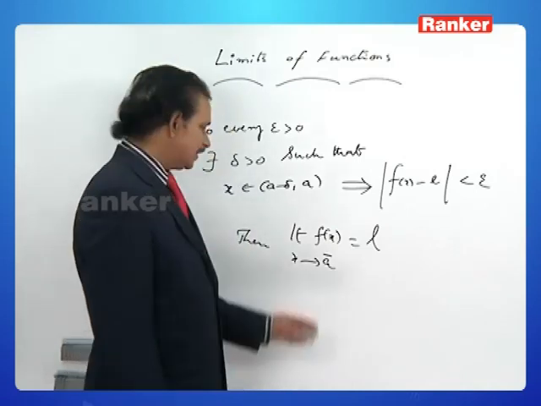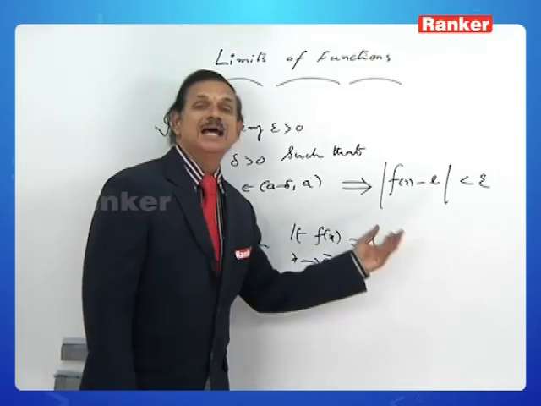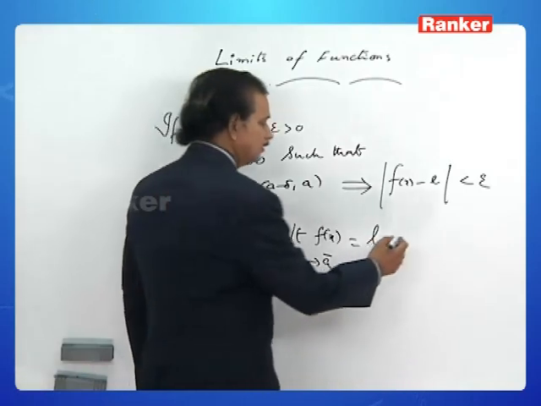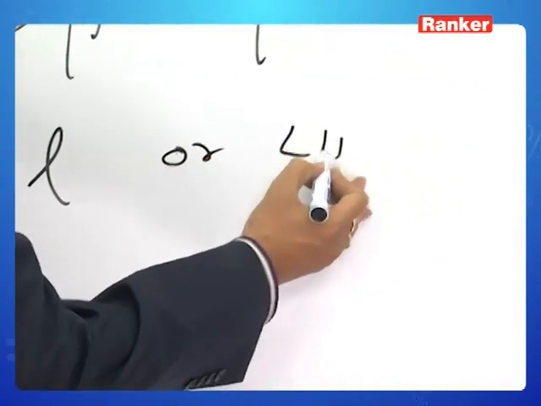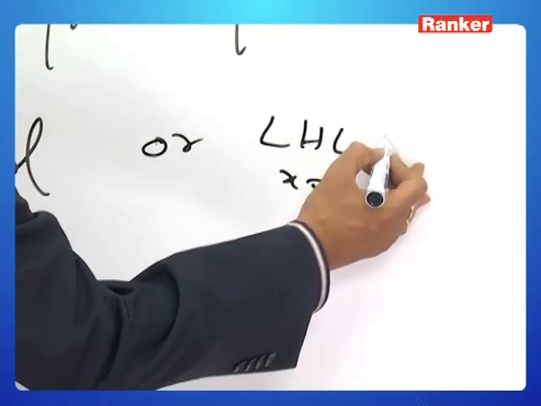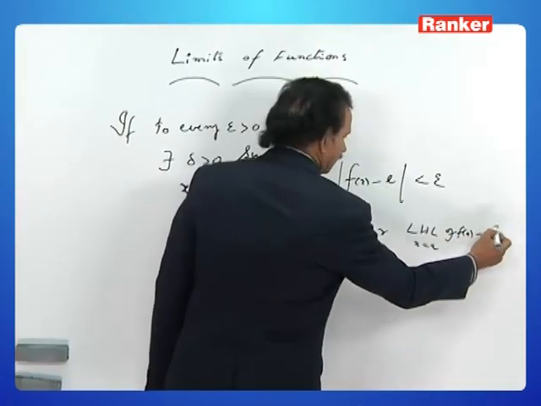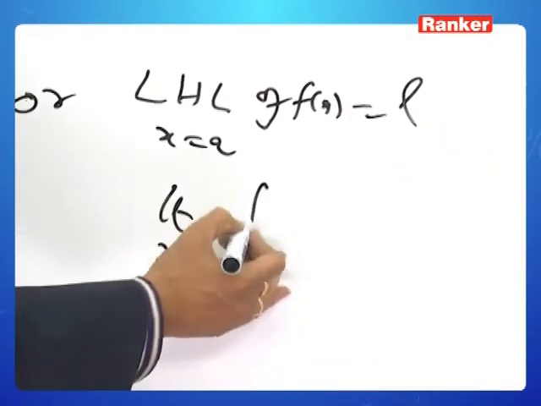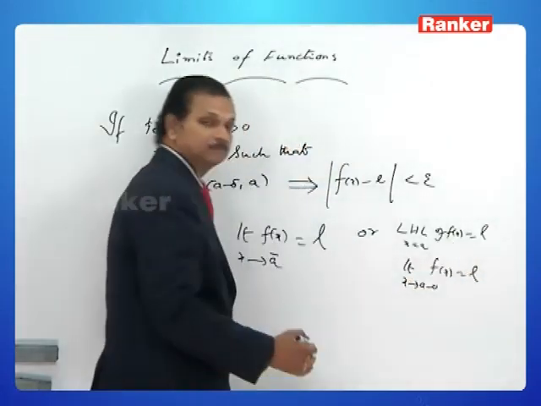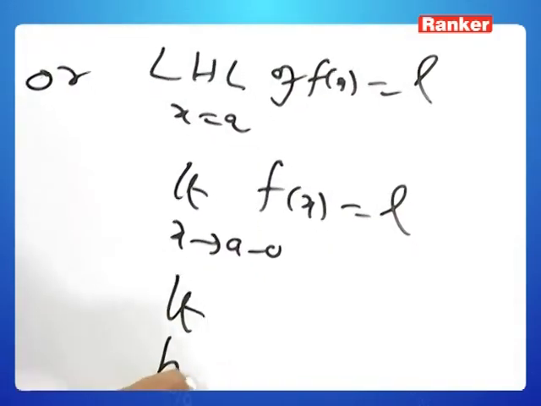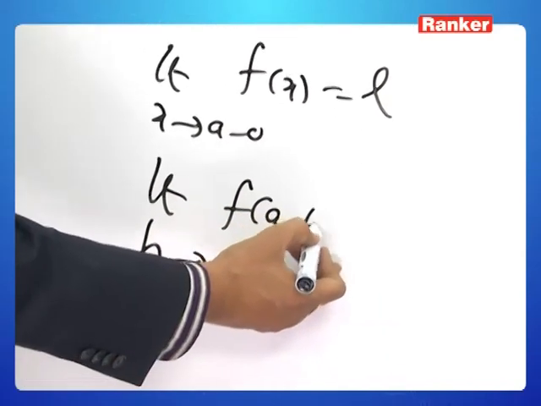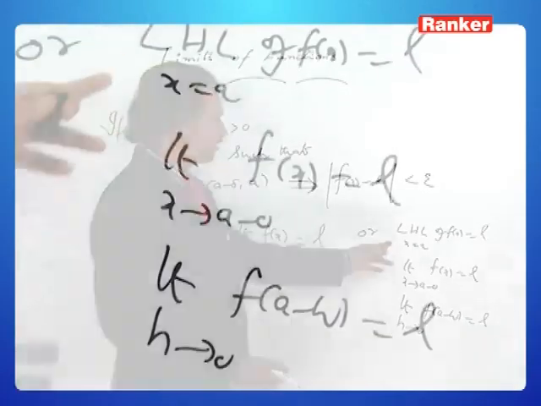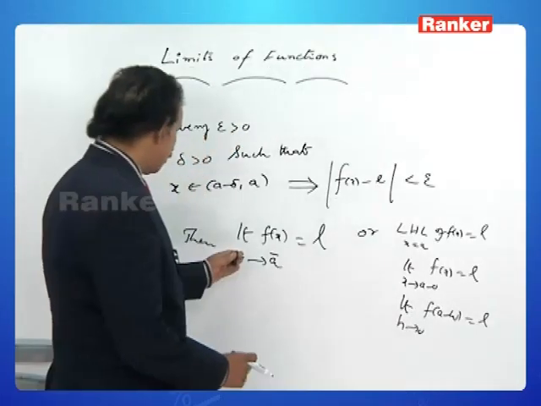We are supposed to read it as limit of f of x as x tends to a from left is equal to L. There are so many ways to represent this also, like left hand limit at x is equal to a of f of x is L. Limit as x tends to a minus 0 of f of x is equal to L. Limit as h tends to 0 of f of a minus h is equal to L. Of course, this is the symbolic way.